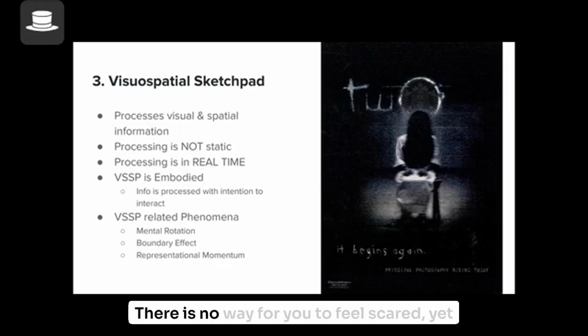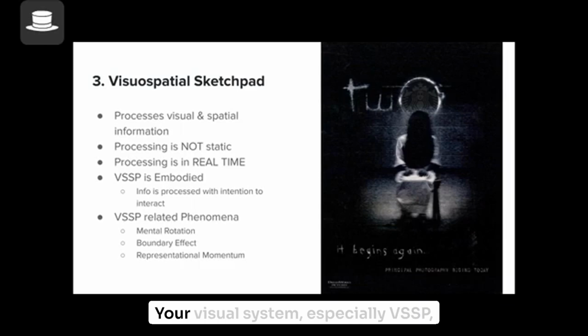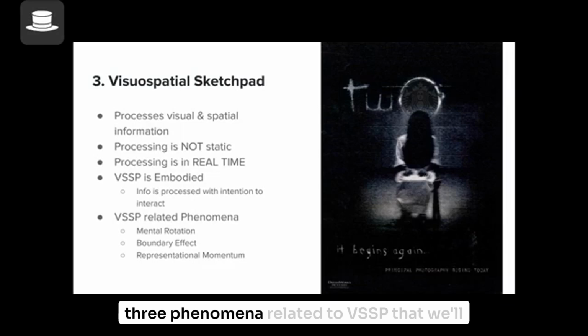There's no way for you to feel scared. Yet we do. The reason is when you watch a video, you become a part of it. Your visual system, especially VSSP, process visual information with an intention so you can react and interact. So this is embodied cognition, and there are three phenomena related to VSSP and that we'll talk about now.